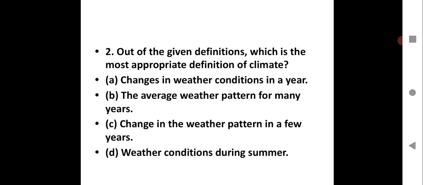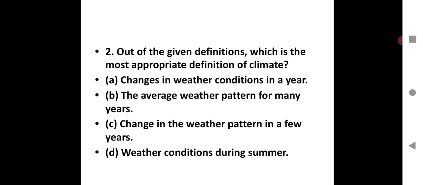Question number 2: out of the given definitions, which is the most appropriate definition of climate? First one, changes in weather condition in a year. Next one, the average weather pattern for many years. Next one, change in the weather pattern in a few years. The last one, weather conditions during summer.